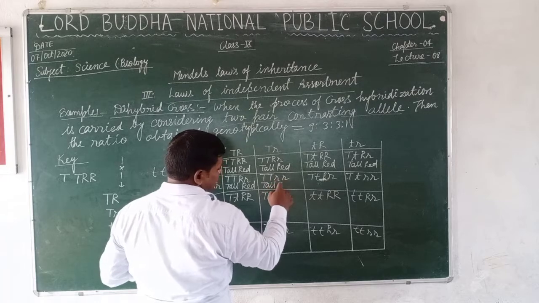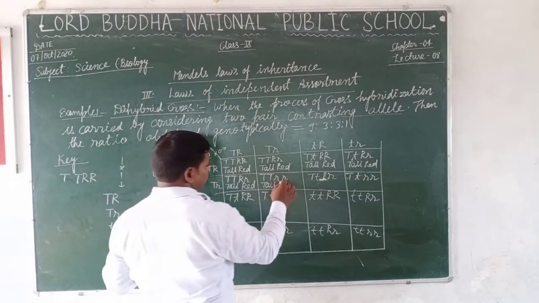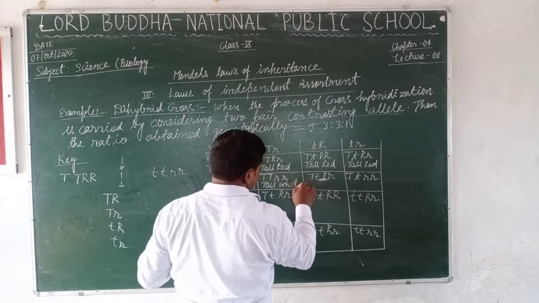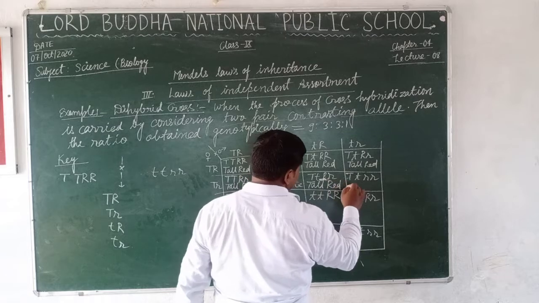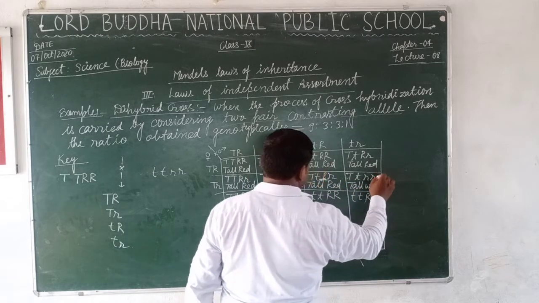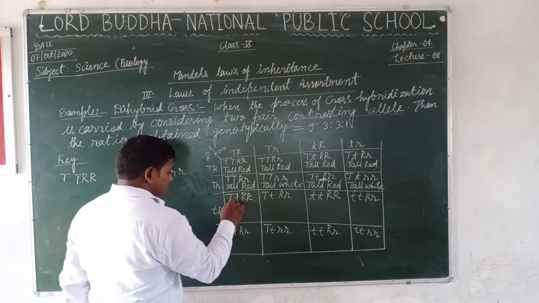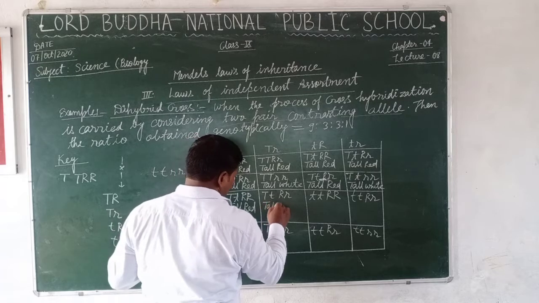Tall, and here both of the alleles are recessive, so this will be white. Okay students, tall red, tall white, tall red, tall red.